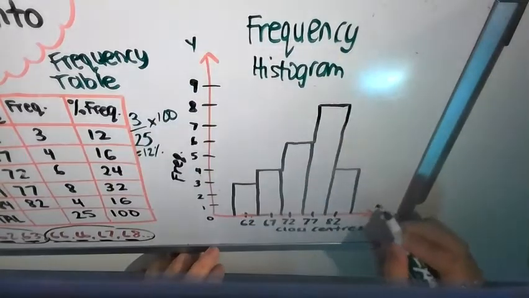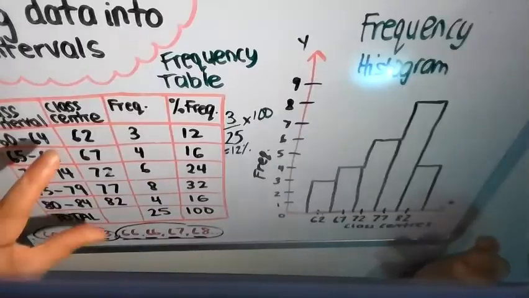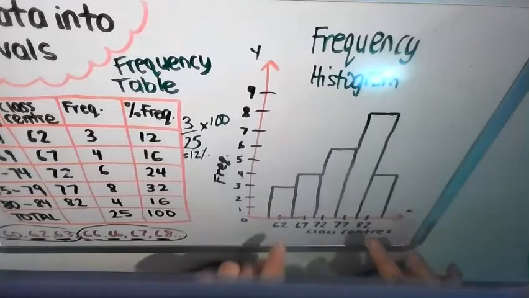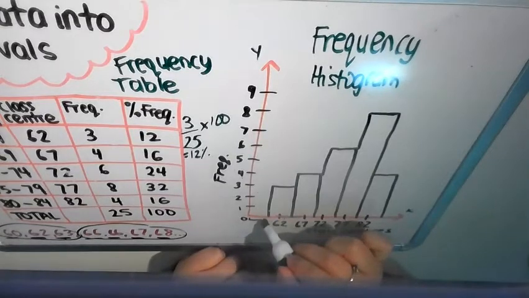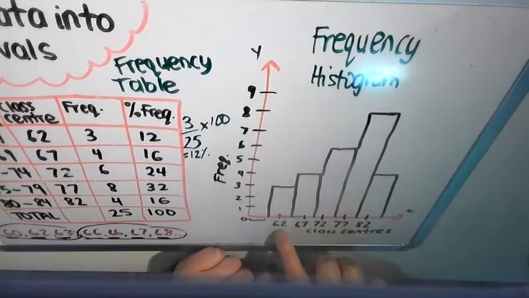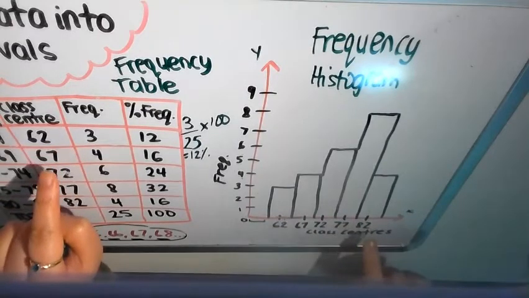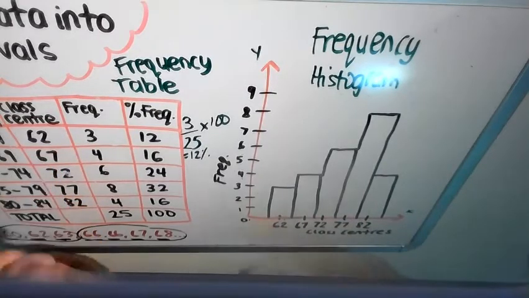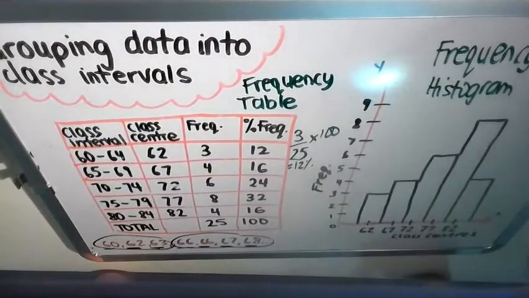However, on the x-axis, we call them class centers. You take your class center and put them here. Don't forget, there always has to be a gap. Then you state your first class center here and keep listing them. And that is how you deal with class intervals.